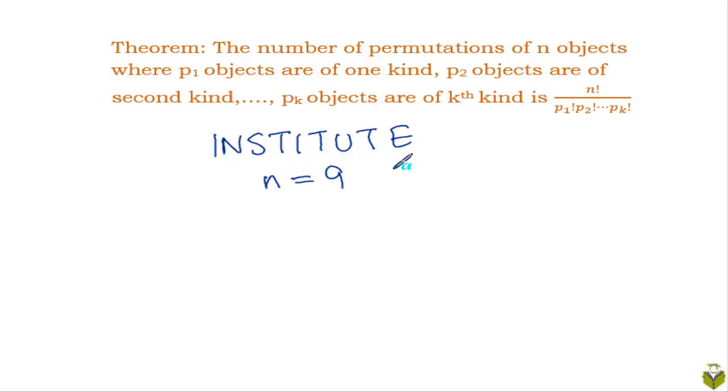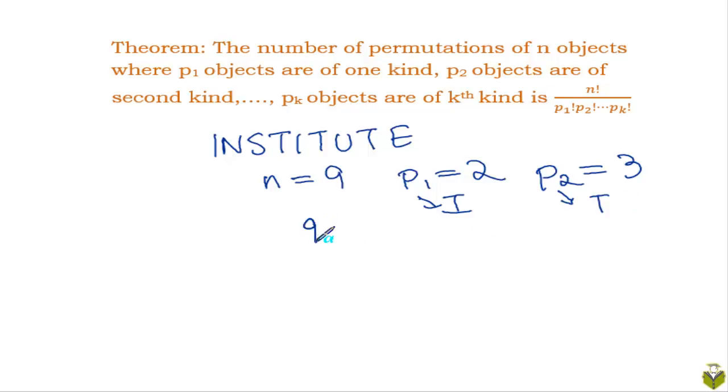So I is repeated 2 times, so p1 is 2 and p2 is 3 because T is repeated 3 times. This is p1 corresponding to I and p2 is corresponding to T, and then the answer will be 9 factorial divided by 2 factorial and 3 factorial if we wanted to find the permutations like before. So this is the answer.